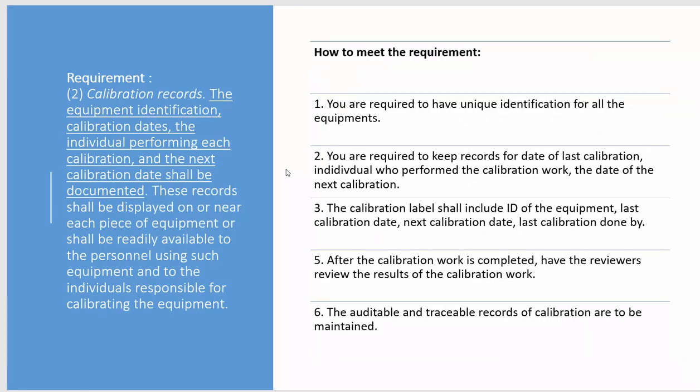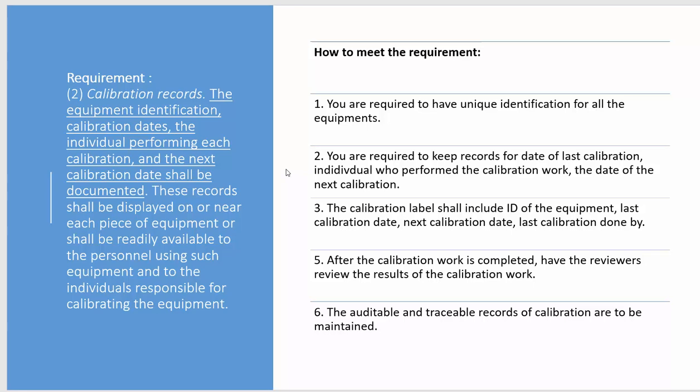Calibration records. This section defines the identification of the calibration records, the person performing the calibration work, and when the next calibration is due. We need to create calibration labels that uniquely define the ID of the equipment, when the calibration was last done, and when the next calibration is due.